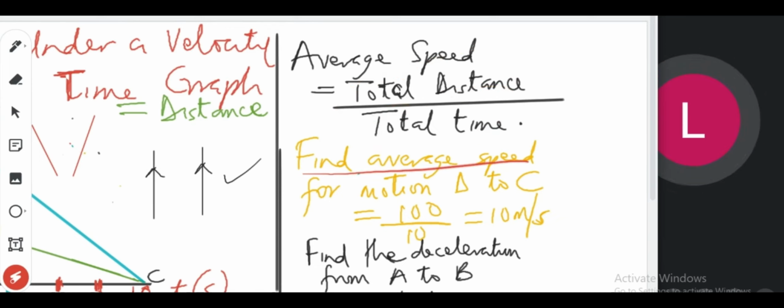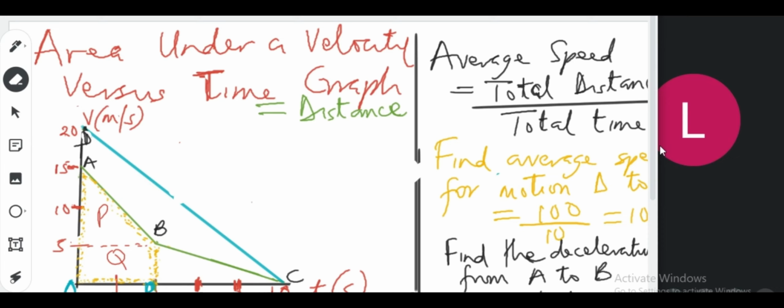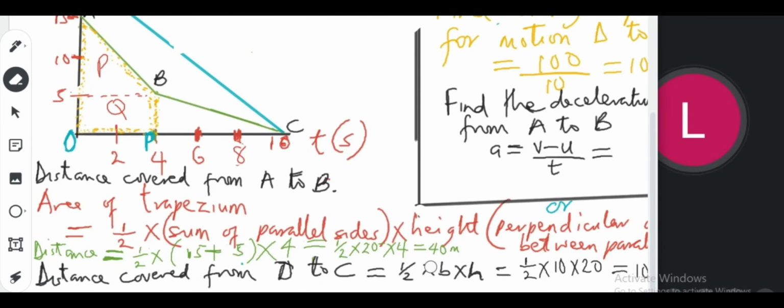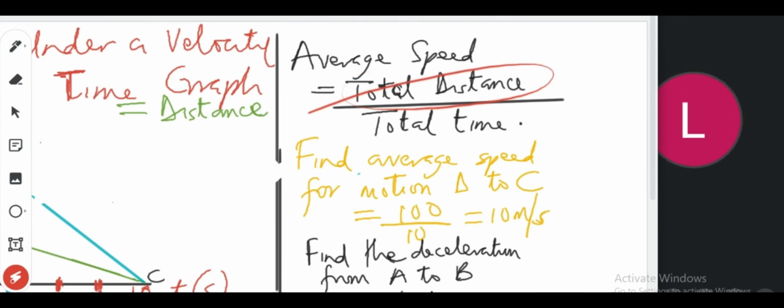So for instance, find the average speed for motion D to C. The total distance is what we've calculated already for D to C. We got 100 meters. So that's total distance, which is 100 meters, for total time.